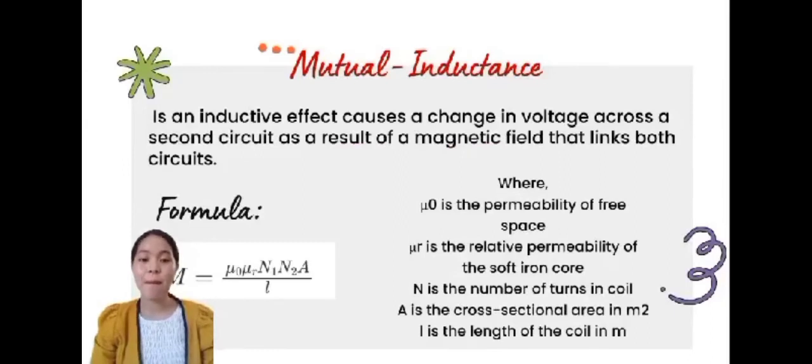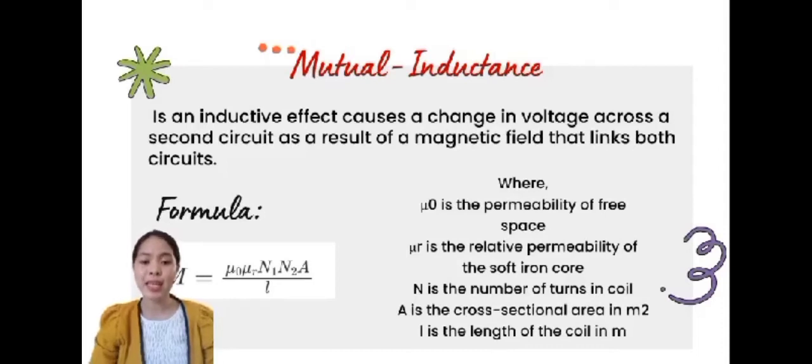On the other hand, mutual inductance is an inductive effect that causes a change in voltage across a second circuit as a result of a magnetic field that links both circuits. Considering the two coils, the P coil or the primary coil and the S coil, the secondary coil.